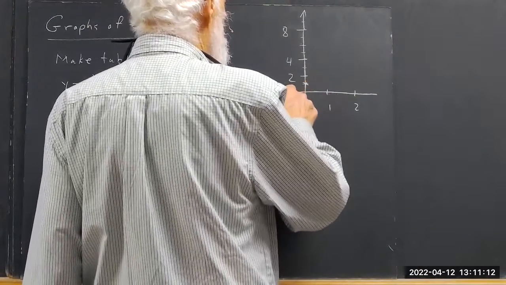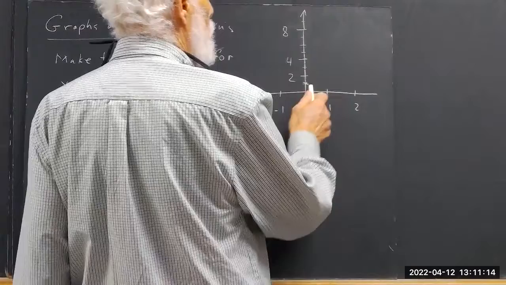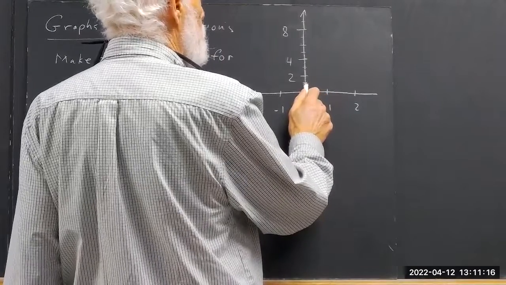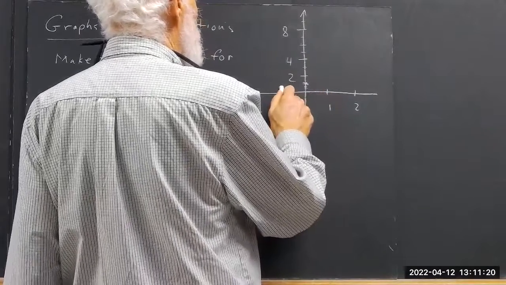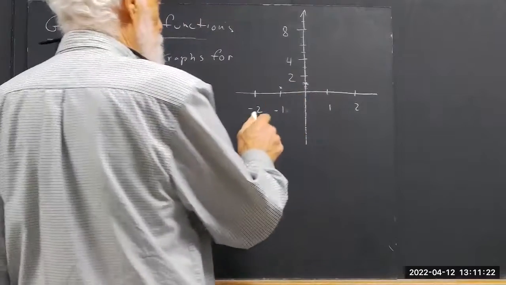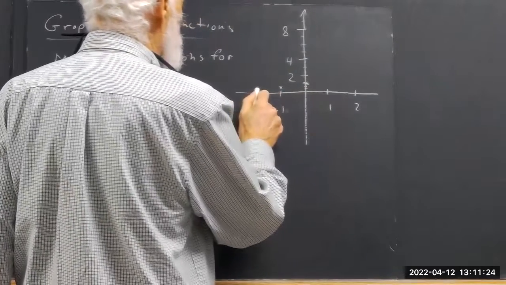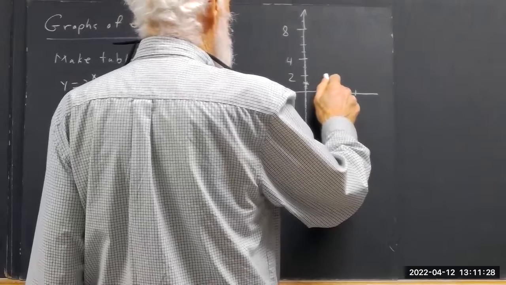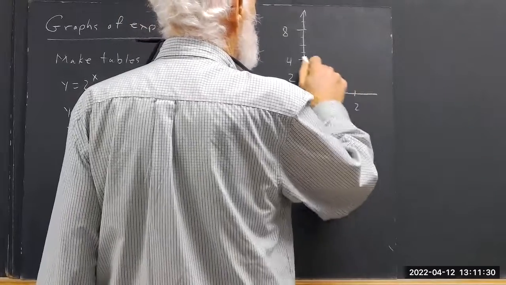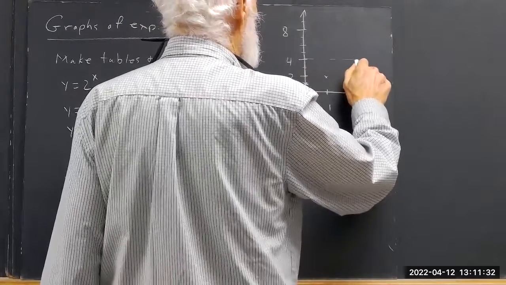Then we can put points on the graph. Here's 1, here's 1/2, and down here's 1/4. So 1/2 is what we're going to get when x is negative 1, and 1/4 is what we're going to get when x equals negative 2. And when x equals 1, we're going to get 2. When x equals 2, we're going to get 4.